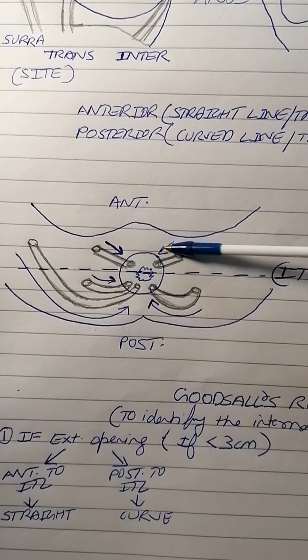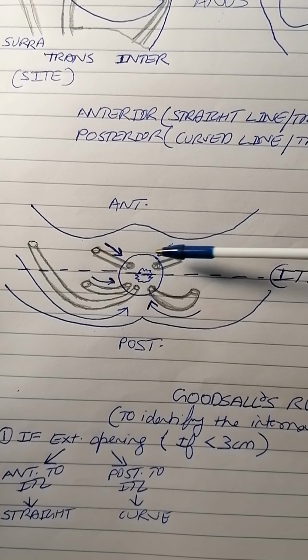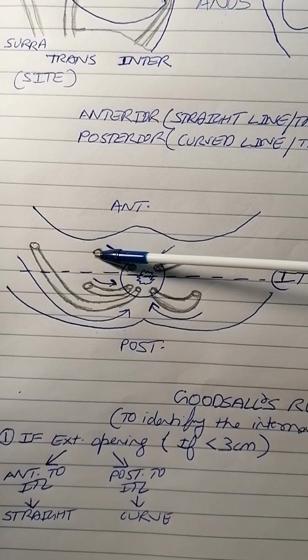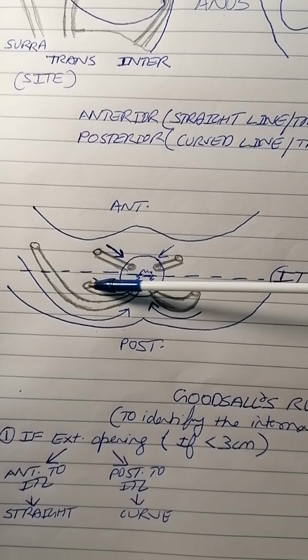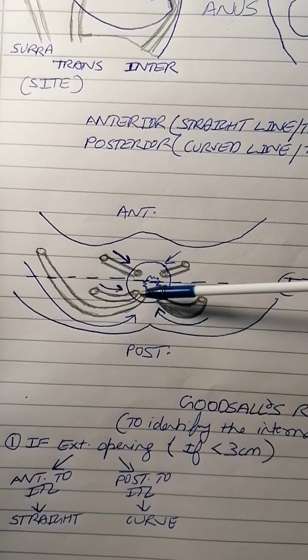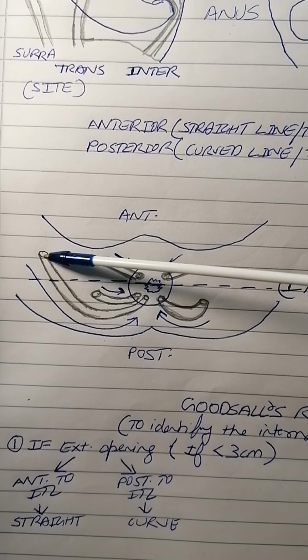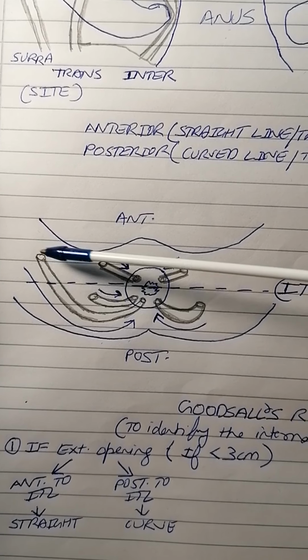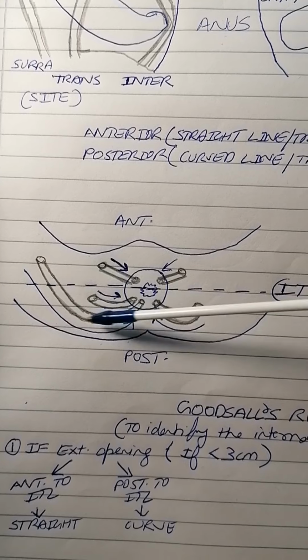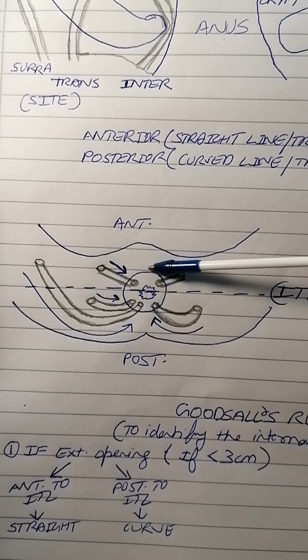Here's another one, a mirror image of this one, this one on the right side, this one on the left side. Here you can see external opening, internal opening, same here, and here's also an external opening and internal opening. External openings are at the level of the skin, much more superficial, and internal openings are always deep towards your anal region.